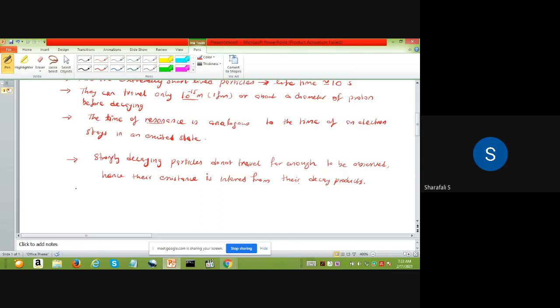And the lifetime of strongly decaying particles, which means particles decaying through strong interaction, is calculated from the variation of their effective mass using the uncertainty principle.